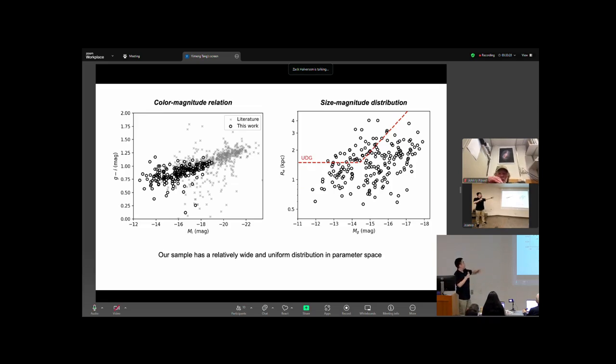On the right side is the size-magnitude distribution. We do have some UDGs, but I'm not going to talk about that in this talk. Generally, our sample has a relatively wide and uniform distribution in the parameter space, which is actually much better compared to previous studies in Virgo and Coma.